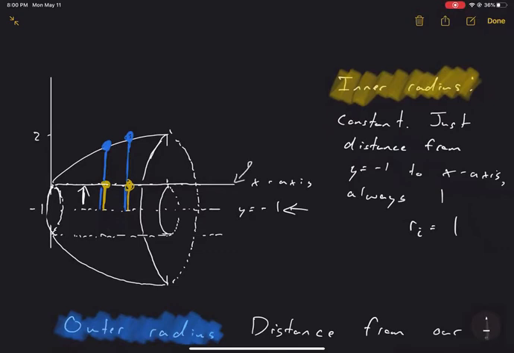So what is that distance? Well, that's always 1. What about the outer radius? Again, I'm measuring the distance from this line, y equals -1, but now I'm measuring to this outer curve, okay? So what is that distance?